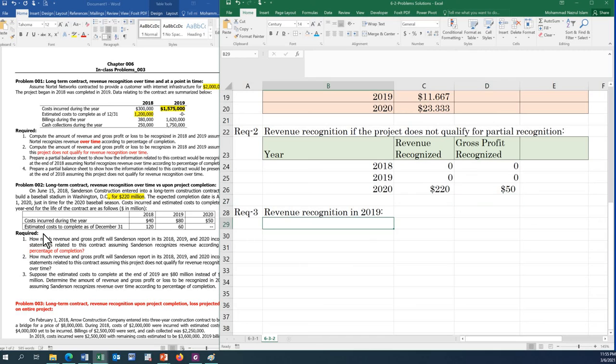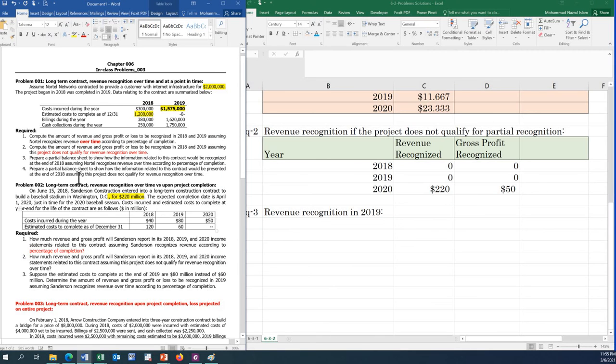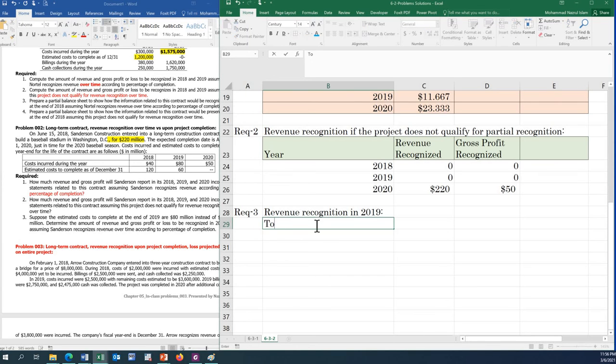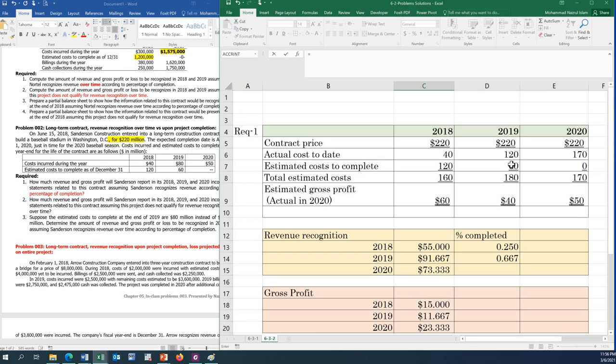Okay, and the revenue recognition in 2019. Suppose the estimated cost to complete at the end of 2019 is 80 million instead of 60 million. What would be the revenue recognized in 2019? So the total estimated costs in 2019: instead of 60, we will have 80.